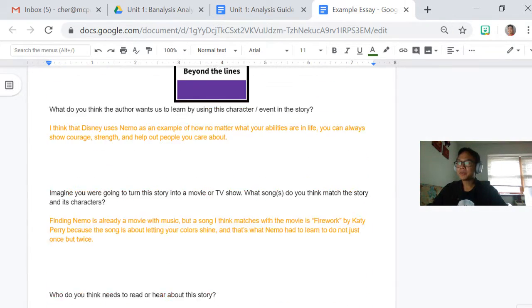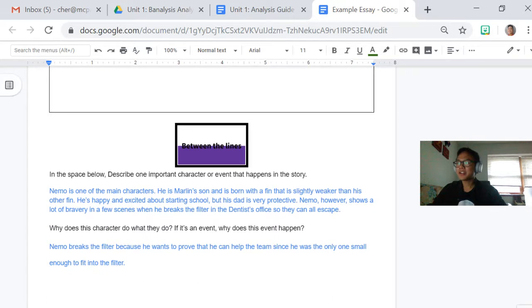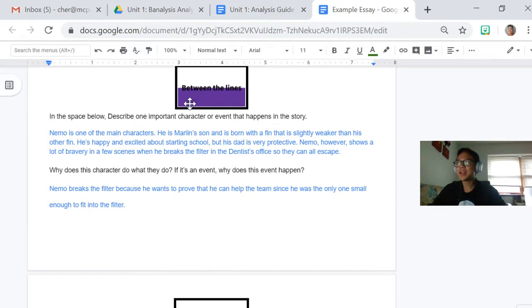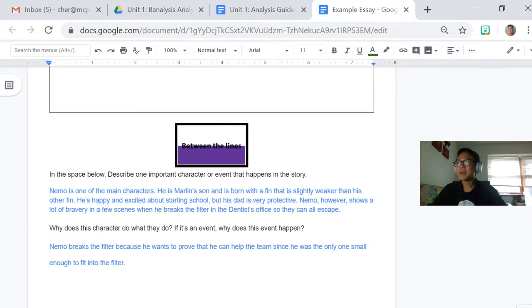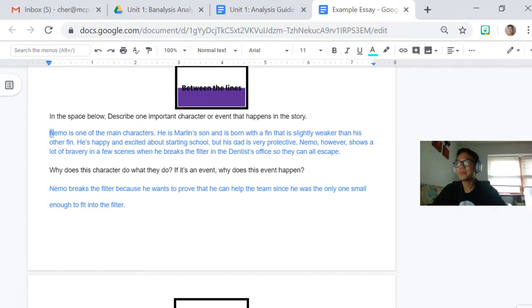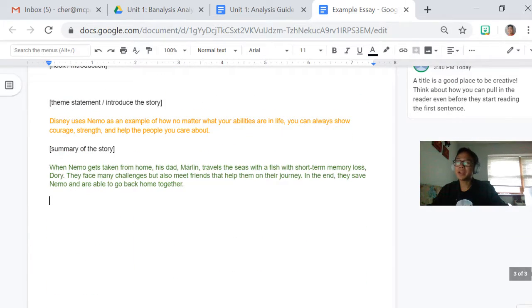So let's take a look back up here. The next section we've got is this between the lines section. And in my between the lines section for this question, I talked about Nemo. So I was describing Nemo, and I think I'm just going to also copy and paste this down for now. I don't know how helpful it's going to be, but I just want to at least get my ideas down there.